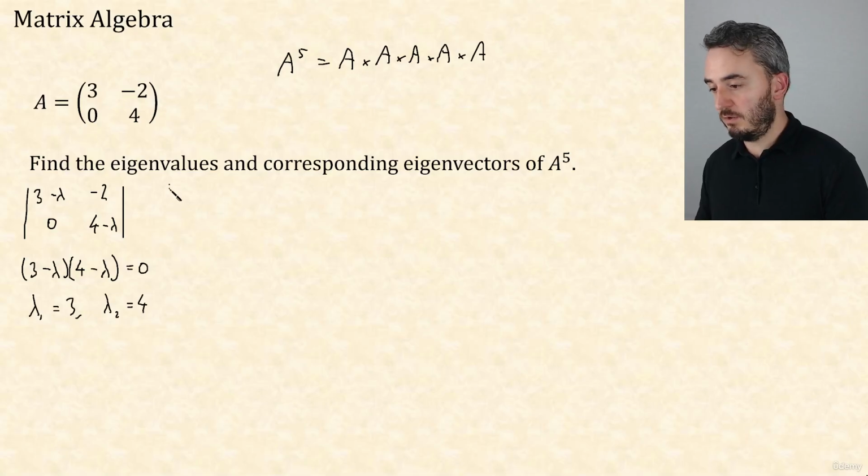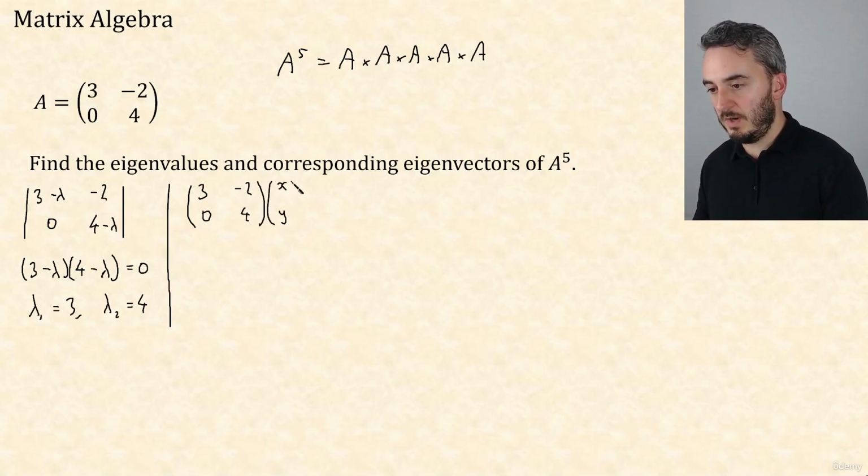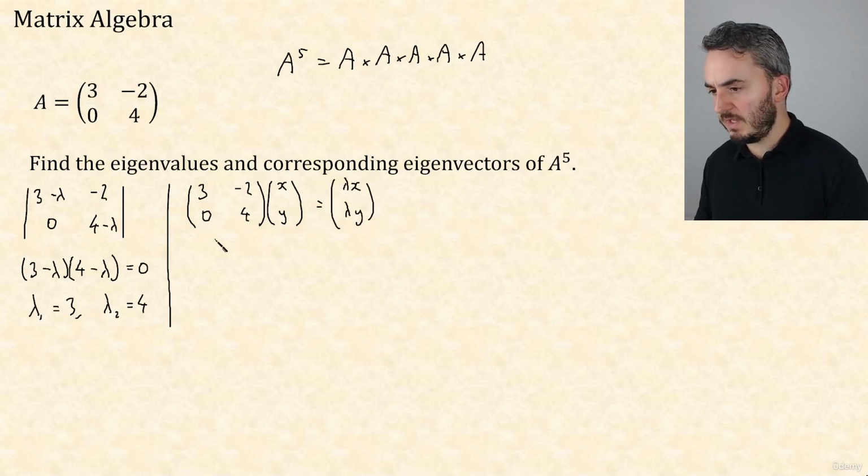And now we can find the corresponding eigenvectors, because the matrix (3, -2; 0, 4) applied to (x, y) needs to be, by definition, (lambda x, lambda y). So let's maybe start here because I think I can jump straight to it. 4 times y should be, let's take 3 first, 3y.